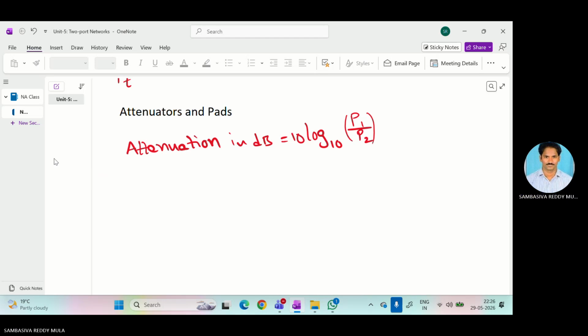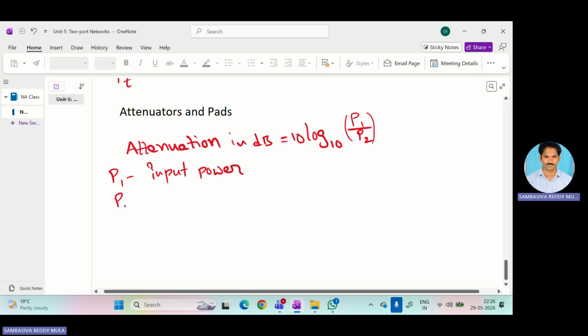Here P1 is the input power to the attenuator, and P2 represents the output power of the attenuator.